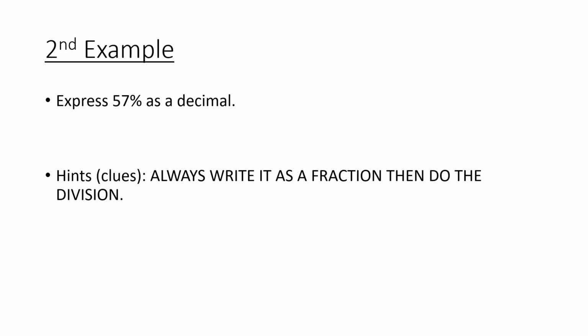Next up, express 57% as a decimal. Hint, look for the clues. Always write it as a fraction first, then the division. So that'll be 57 out of 100, 57 hundredths. This time this can't be simplified, because there are no common factors. This then means 57 divided by 100.